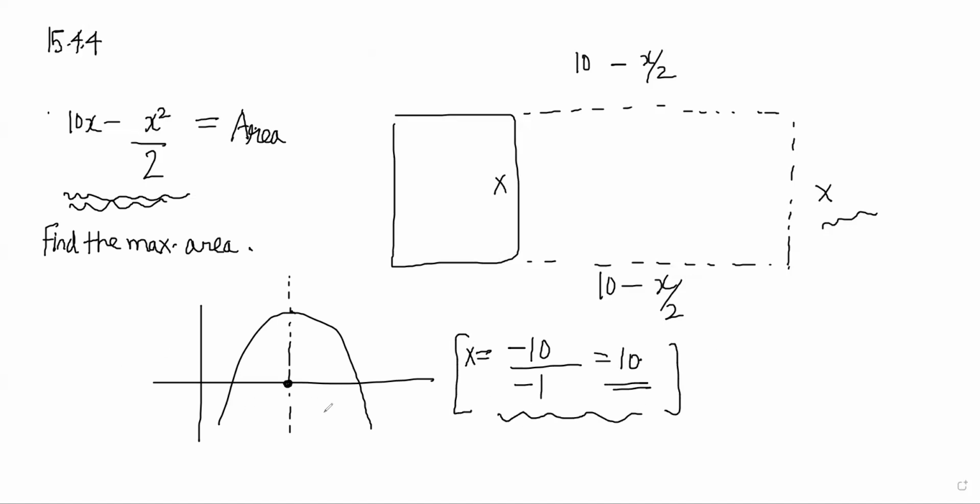Suppose you forgot the formula x equals negative b over 2a. How would you figure out that that is the vertex? I would have to complete the square. Show me how to complete the square here. Okay, so you have that negative 1/2 x squared.